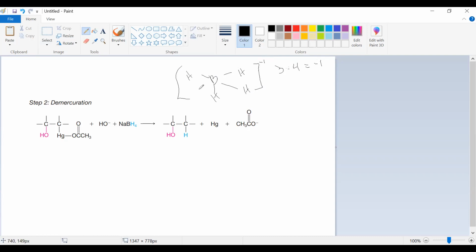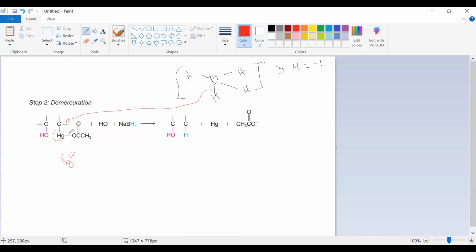Okay, so what happens is that your boron will donate the hydride here for it to become neutral. It uses the hydride to attack your carbon. From the mercury, Hg2+ is there to be attacked, and you'll have your electrons there.